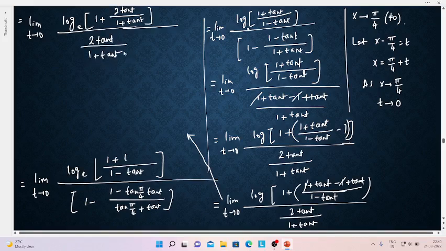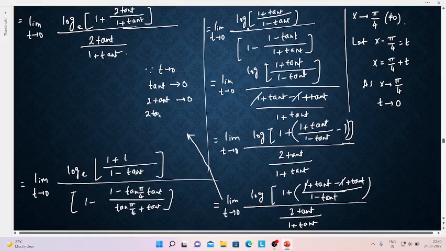Now you can observe that since t tends to 0, what will be tan t? Tan t should also tend to 0, because at t equals 0, tan t is nothing but 0. Similarly, 2 tan t also tends to 0.